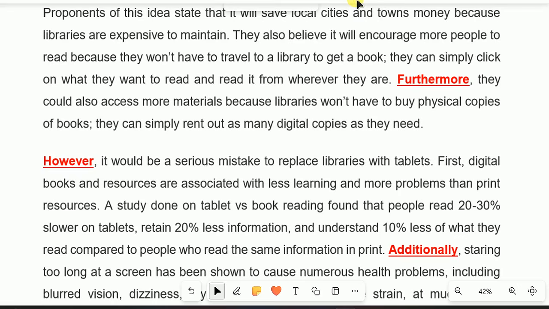Furthermore, right now, from what you have learned in the examples, depending on the nature of the conversation, depending on what you are writing about, you would know that you have different linking words for different contexts or purposes, like the ones that show contrast, the ones that add more information, the ones that show cause and effect.